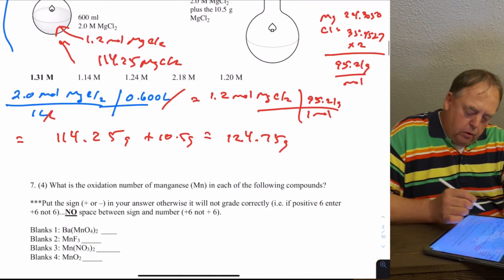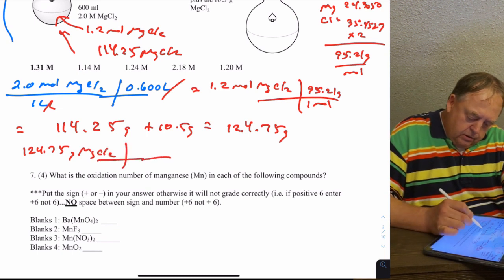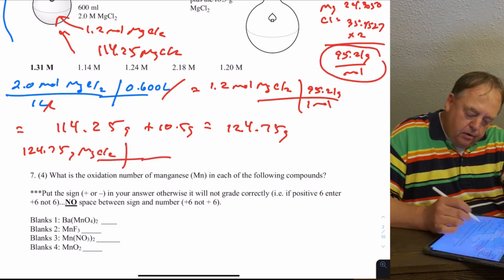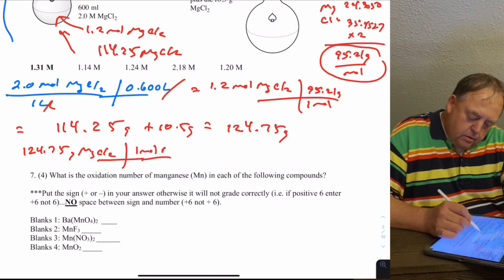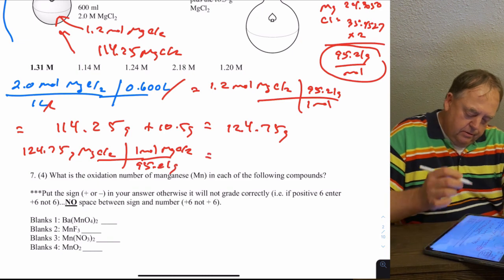So let's convert that back to moles. So use our molar mass again that you calculated earlier. So 1 mole is 95.21 grams.